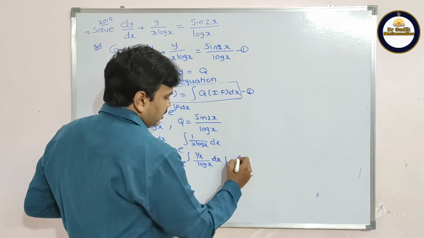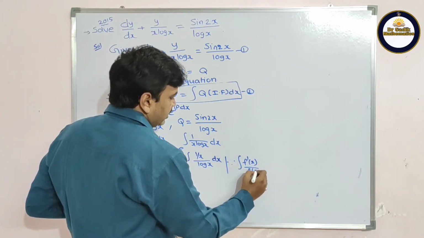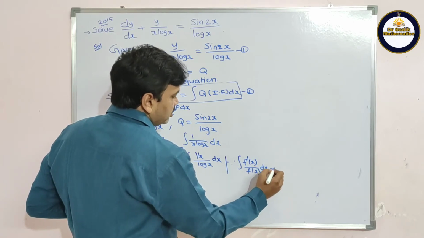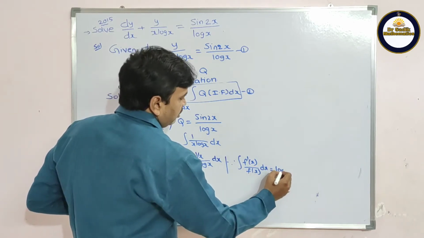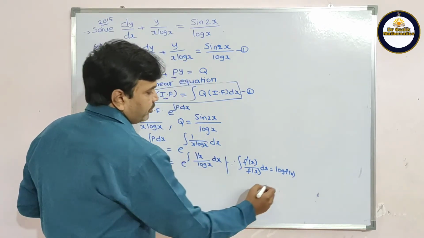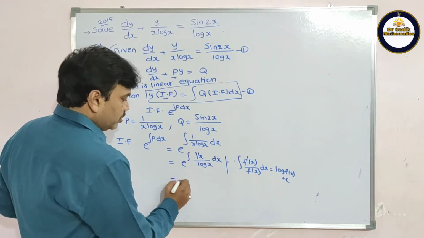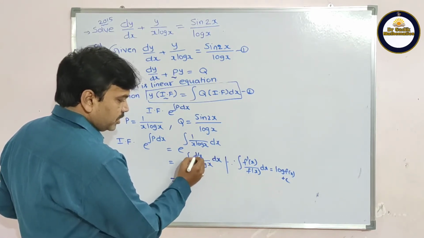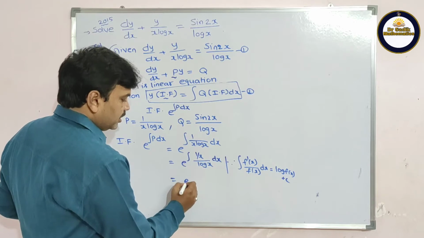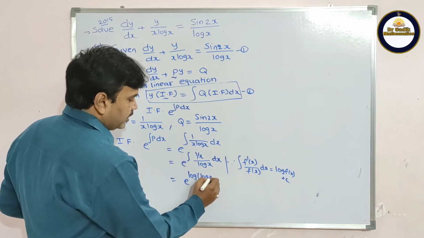What is the formula? Integral of f dash of x by f of x into dx is equal to log f of x plus c. Here the derivative of log x is 1 by x. So this can be written as e power log of log x.